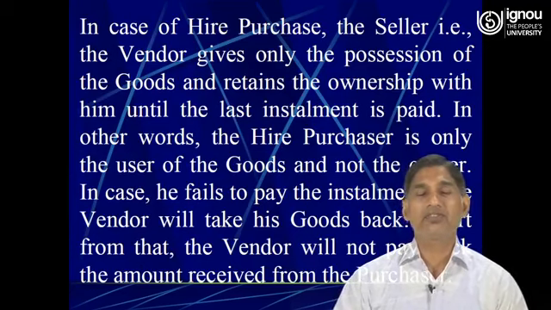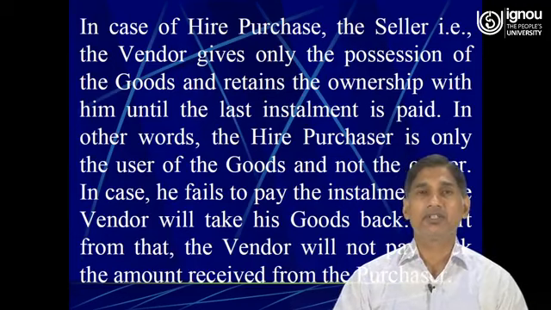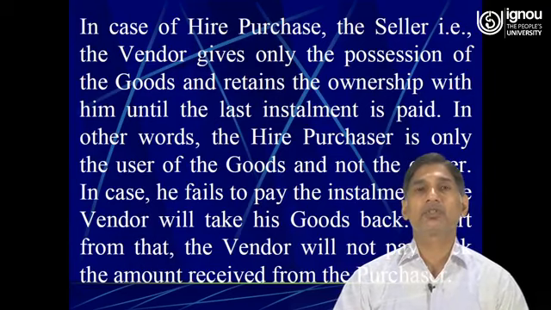But under the installment payment system, the seller transfers the physical possession of the goods as well as the ownership of the goods to the buyer even at the time of buying the goods.